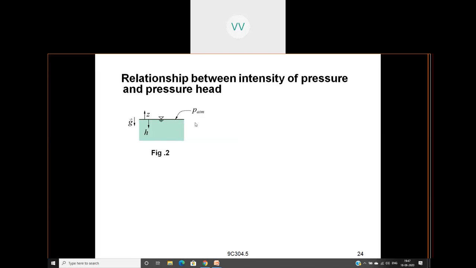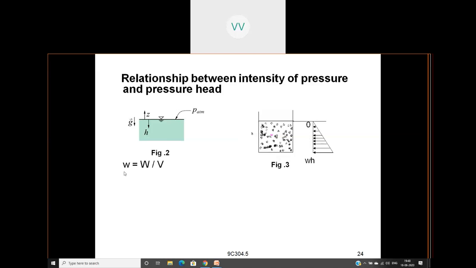Usually you have some open channels which are subjected to open atmospheric pressure. Inside the water you have all the different molecules, and this is the depth of the water. At the surface it is 0, and as you go to the bottom it is wH. So P is equal to the specific weight of the water into the depth of the water.